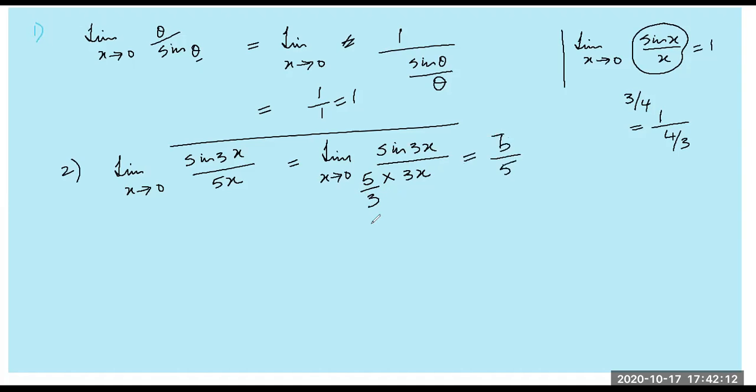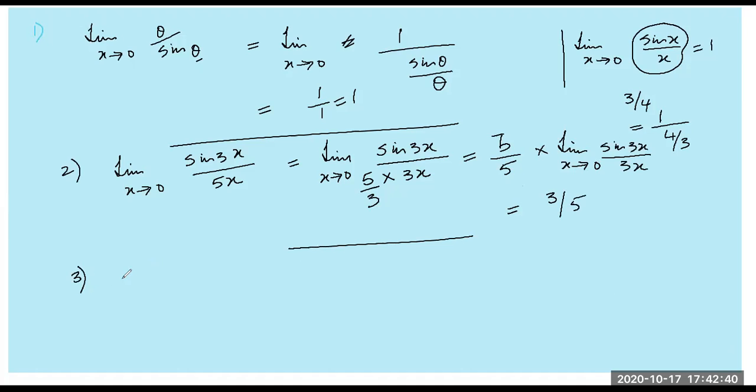Because it is 1 by 5 by 3. 3 by 5 into limit x approaches 0, what? Ishma, can you say? sin 3x by 3x. So this will be equal to 3 by 5. All right. So this is also done. Are you able to understand?